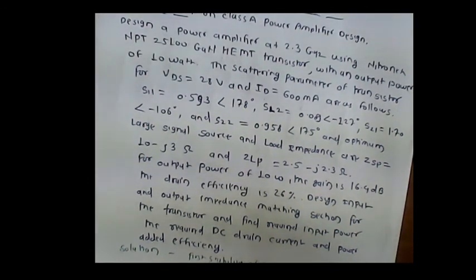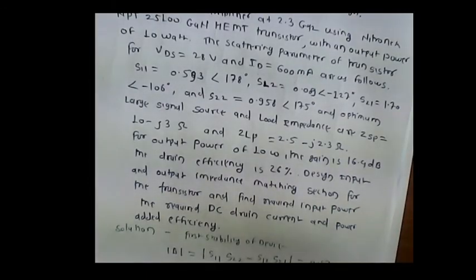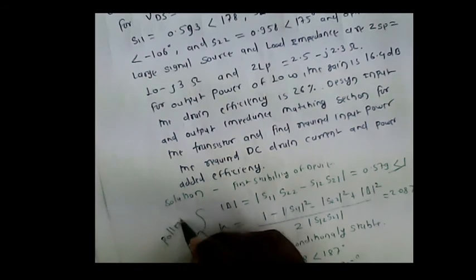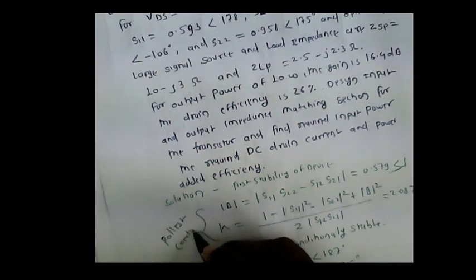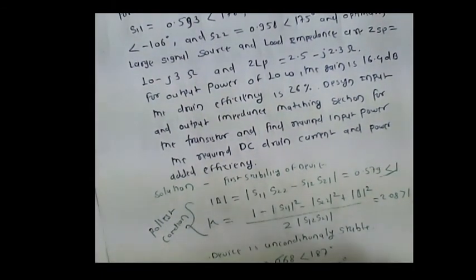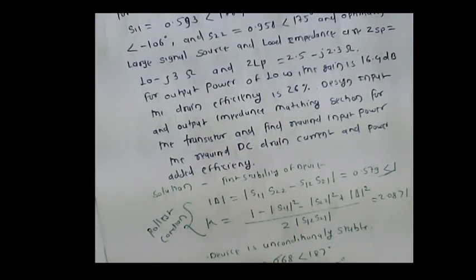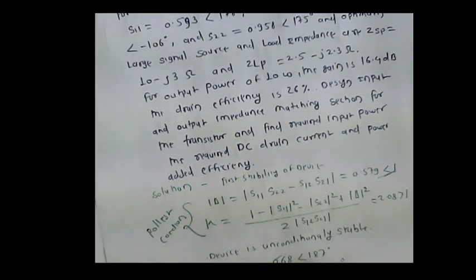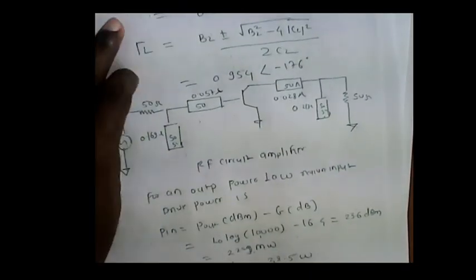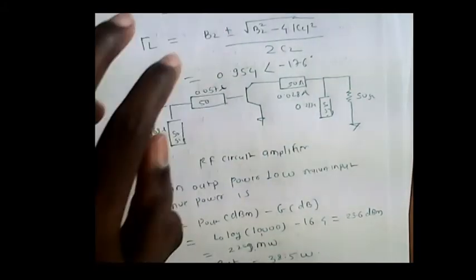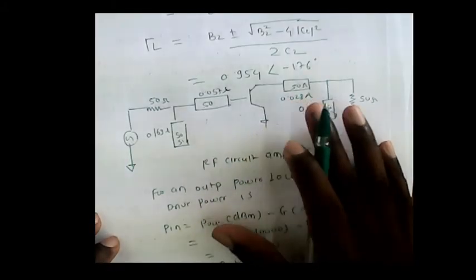First, we check the stability of the given device by Rollett's condition. Then unconditional stability is checked. Then we calculate the reflection coefficients at load and at source using these formulas.